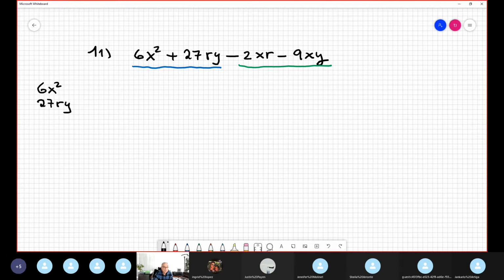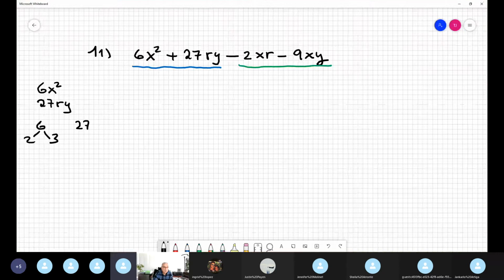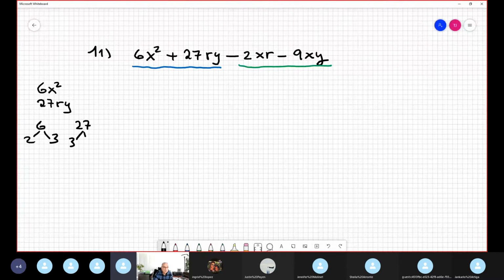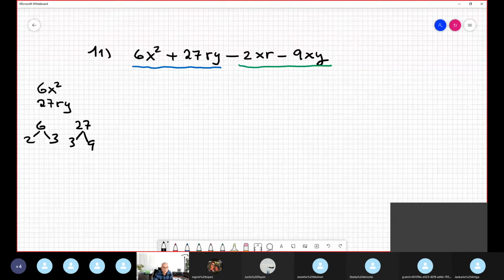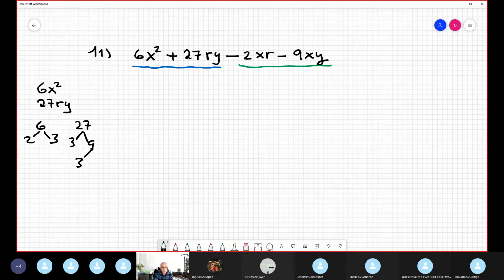Well, 6 is 2 times 3. 27 is... Do they have a common part? Yes, we have a common part in the numerical part. Look, in the variable part, x and y, no common factor.